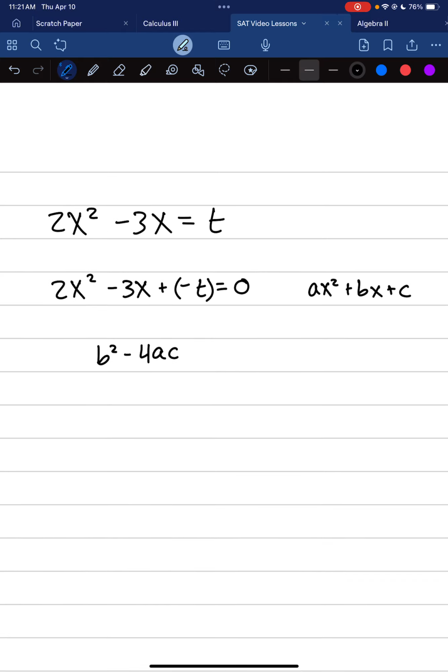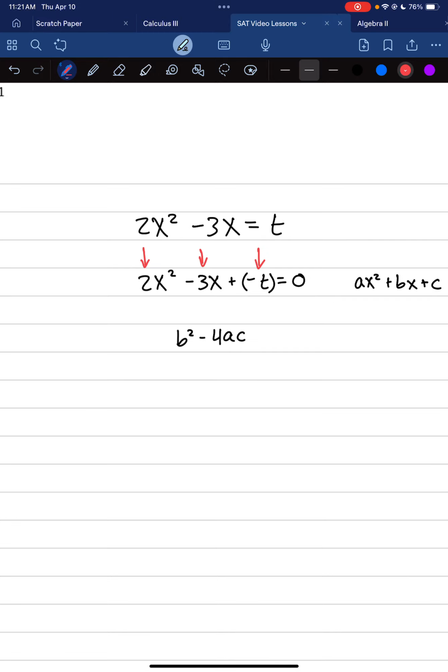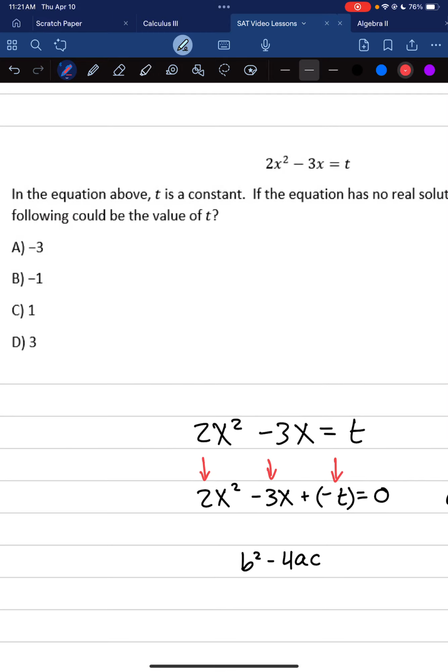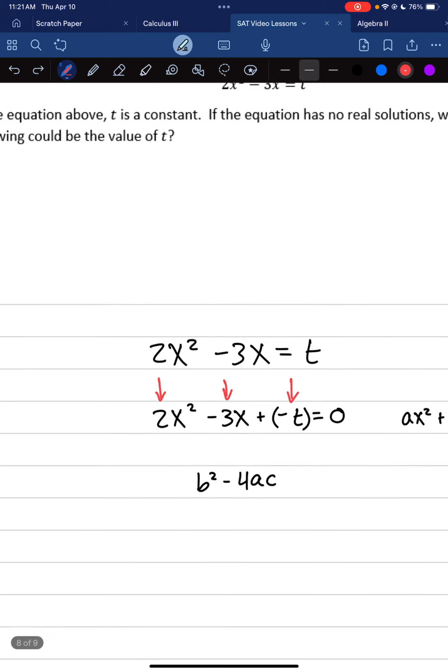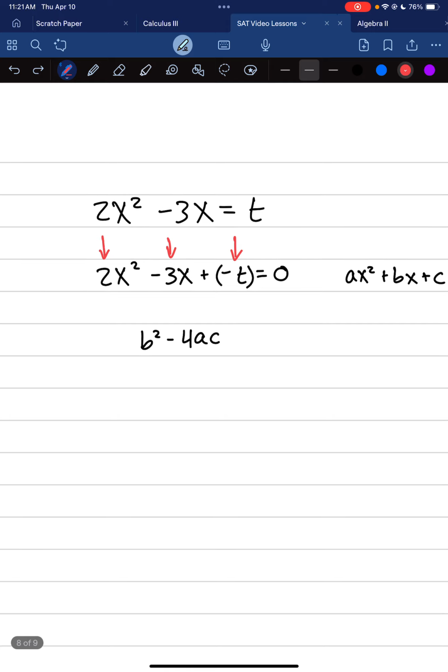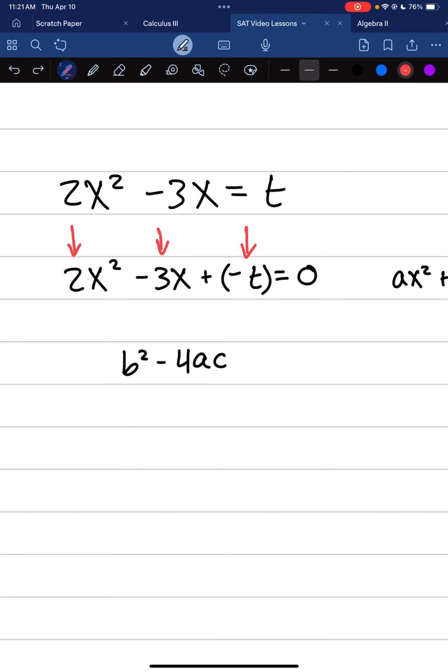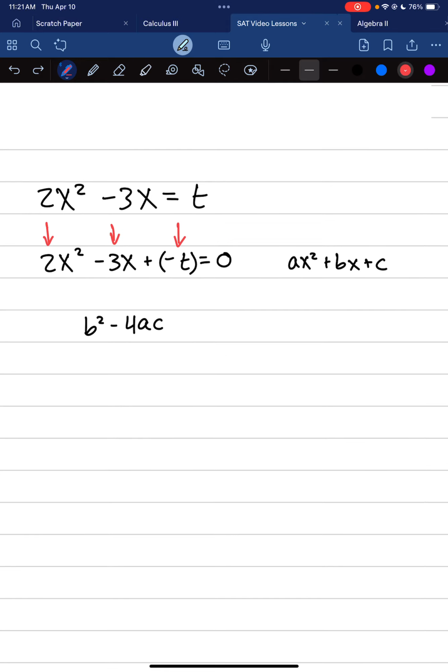So we can see that our a value here is going to be 2, our b value is negative 3, and our c value is going to be negative t. Again, we're told that t is a constant, so it is just going to be a constant number, and we're going to use that as our c value, but it is going to be negative t in this case, since that matches the general form for a quadratic equation.